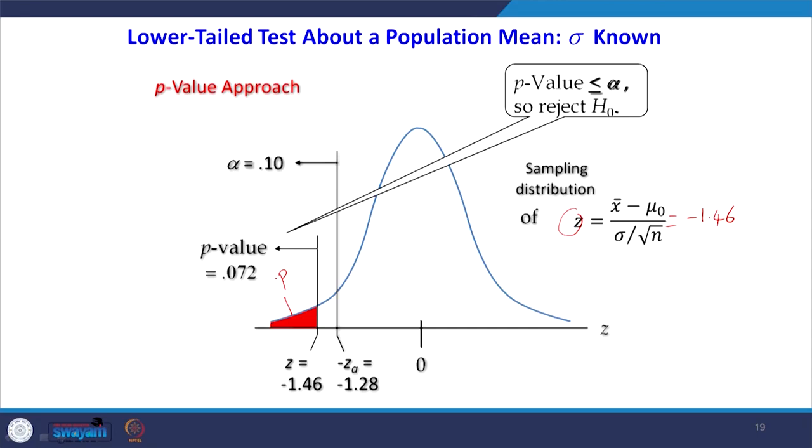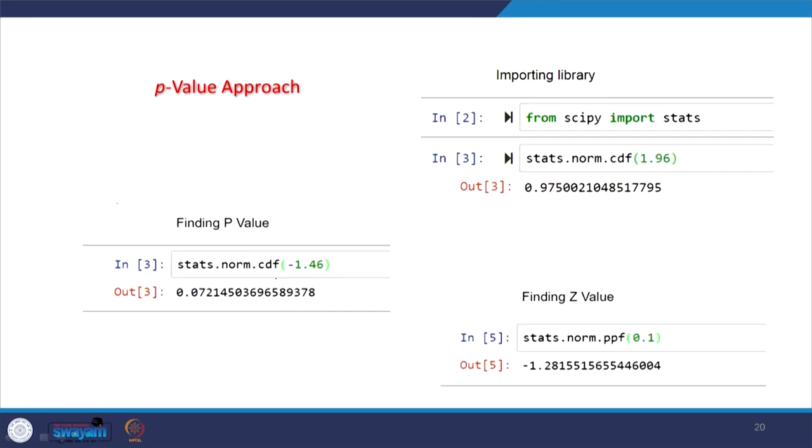How to get this one? When the z value is minus 1.46, we can get the corresponding area of a normal distribution on the left hand side. That we can do with the help of Python. For that, first we have to import SciPy, importing from SciPy, import stats.